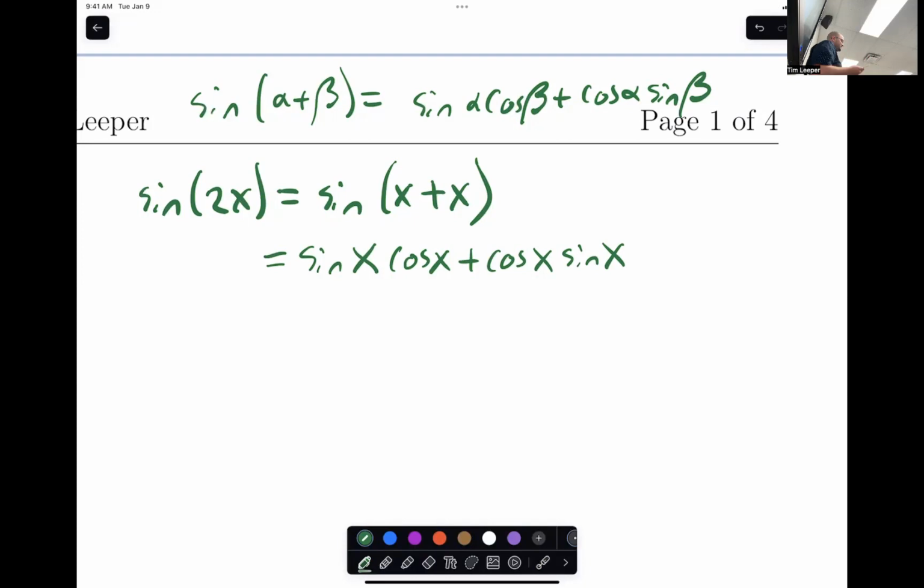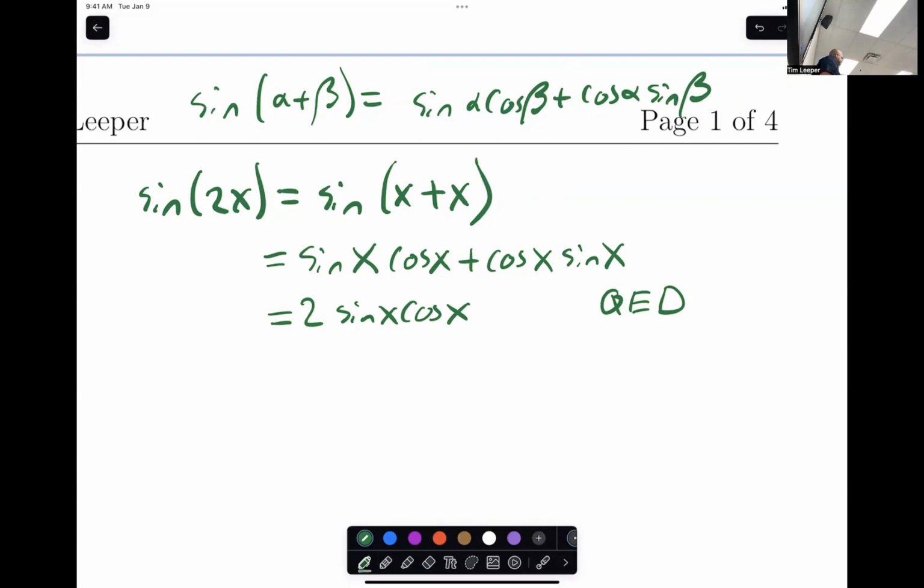But notice that sine x cosine x plus cosine x sine x, sine cosine is the same thing as cosine sine. They're the same thing. So if I add them together, this is going to give me 2 sine of x cosine of x. QED, we're done. That is the double angle identity for sine.